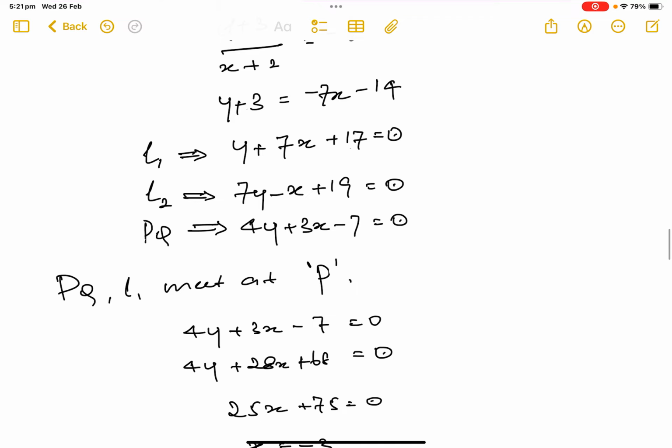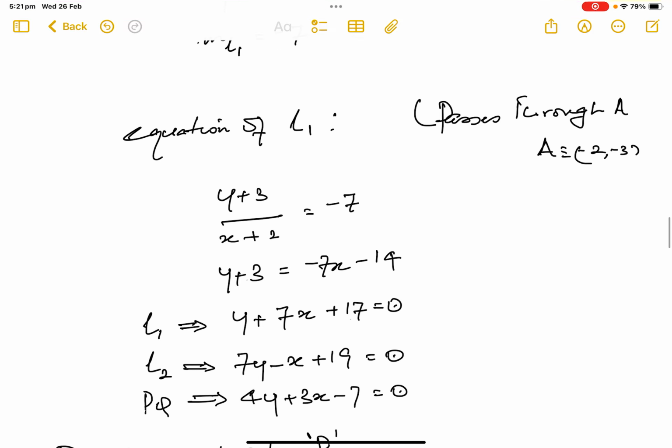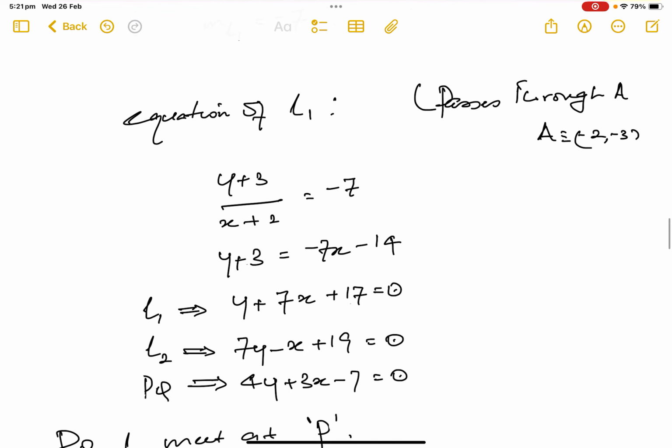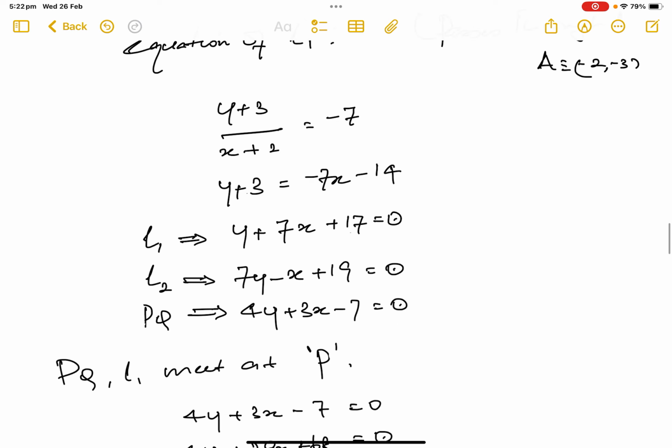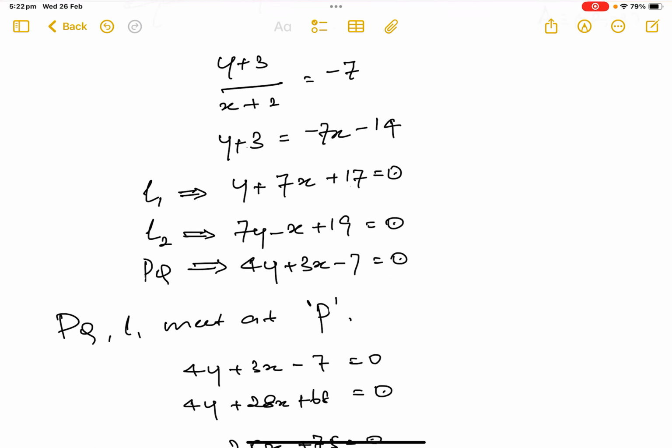So the equation of L1, because we found the gradient, and L1 is going through A as well: y plus 3 over x plus 2 equals minus 7. Cross multiplication, y plus 3 equals minus 7x minus 14. Then bring it to one side, y plus 7x plus 17 equals 0. L2 is this one.